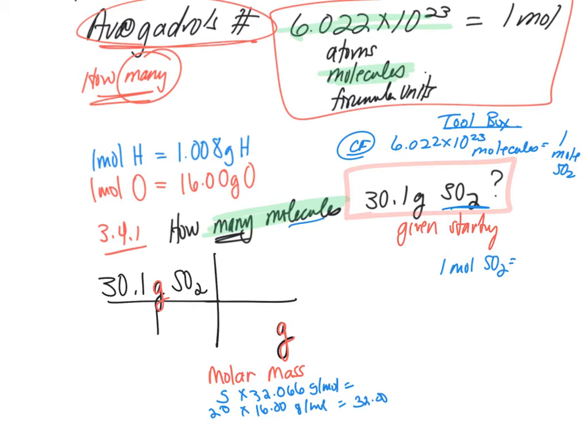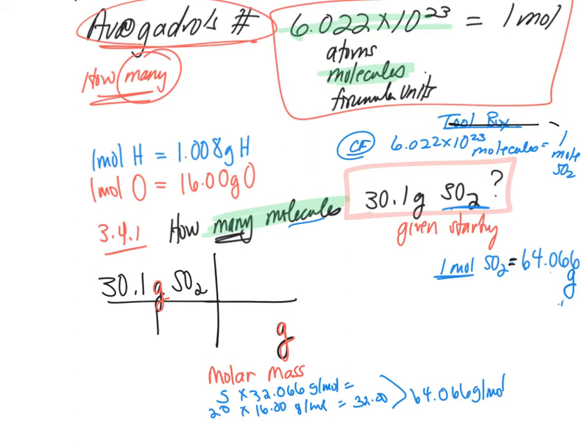And then you add that with the other 32.066 from sulfur, and you get a molar mass of 64.066 grams per mole. And so for 1 mole, the 1 always goes with mole. That equals 64.066 grams per mole. But you don't have to write grams per mole when you're doing your conversion factors. That's 64.066 grams equals 1 mole.